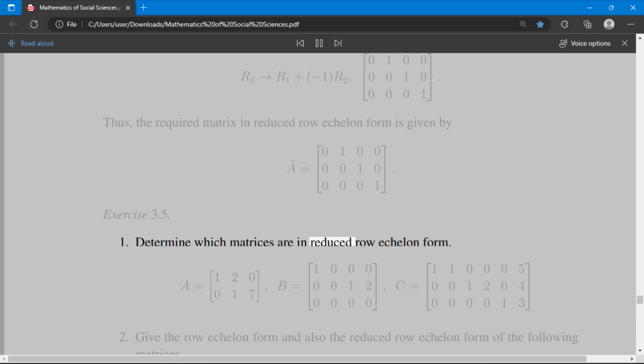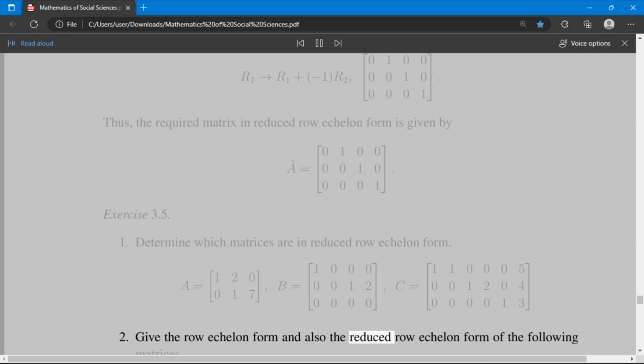Exercise 3.5. 1. Determine which matrices are in reduced row echelon form. A equals 120017, B equals 100000120000. C equals 11000500012040000013. 2.